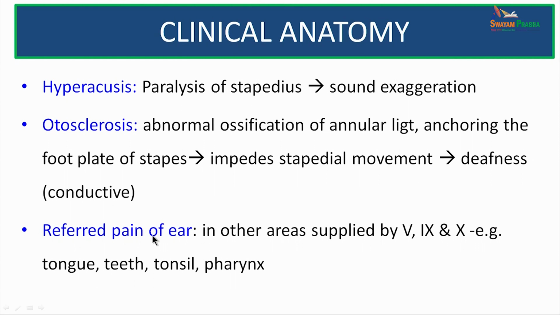Referred pain of the ear can be seen in various regions because of its extensive nerve supply. In other areas supplied by the 5th, 9th and 10th cranial nerves, the pain sensation can be felt at the tongue, the teeth, the tonsil and the pharynx.